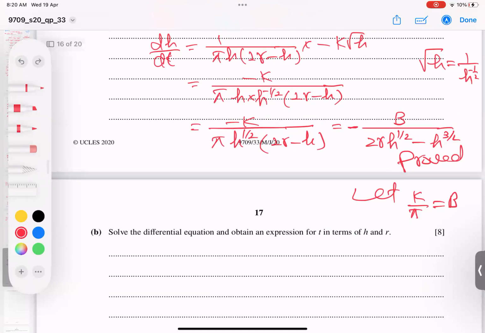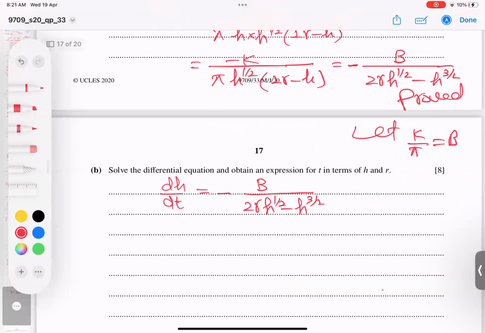So first of all, I will use this connection here. So dh by dt equals negative b over 2r h to power half minus h to power 3 by 2. Okay, yes, correct. So how to make t the subject?